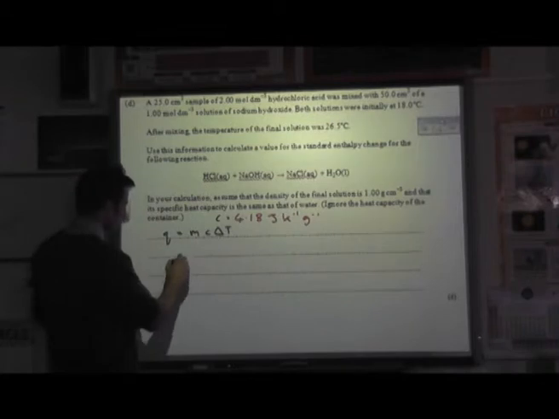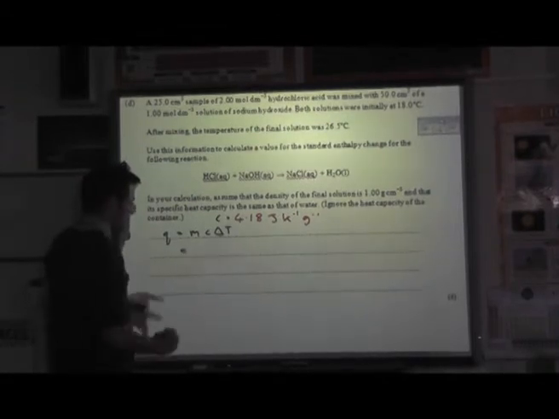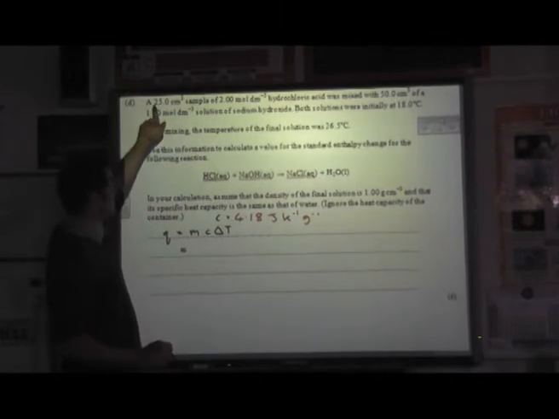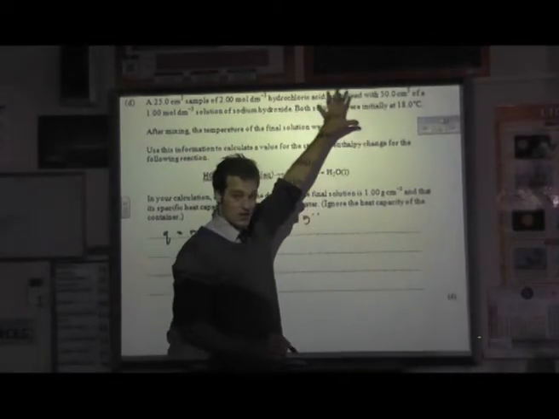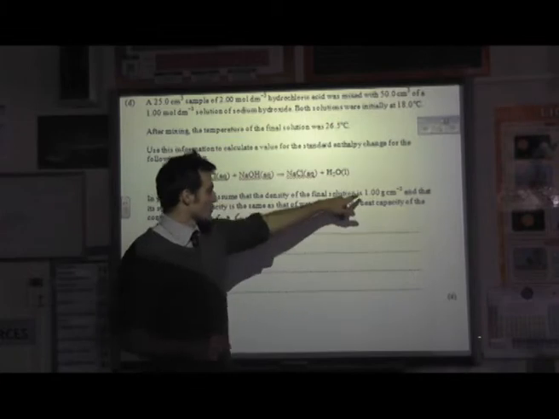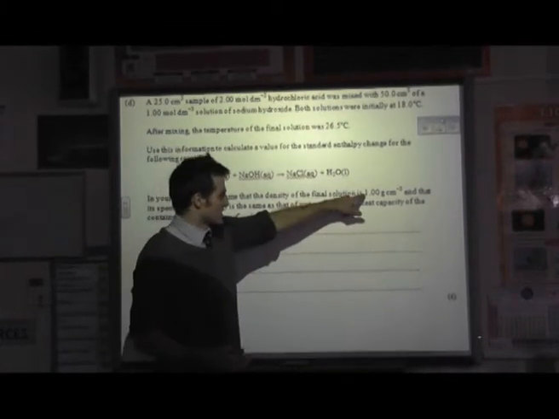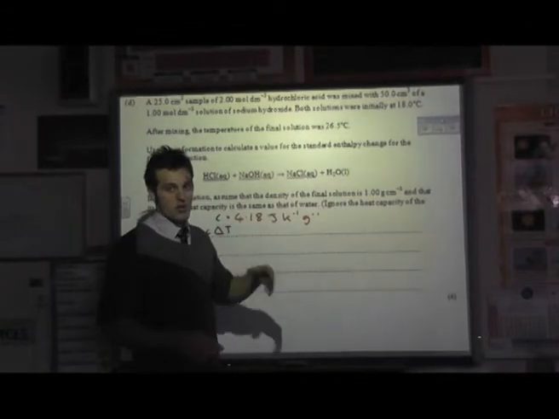Okay, so let's think about what we're doing here. The mass of whatever we've heated up is going to be the total volume of the liquid when it's mixed together times 1 gram for every centimetre cubed. Okay, so because this is a density of 1, every centimetre cubed you have weighs 1 gram.